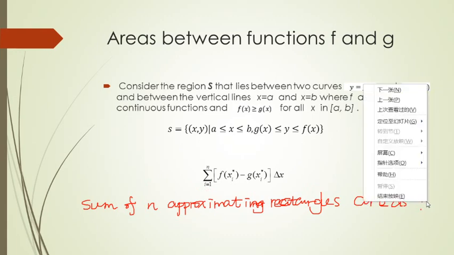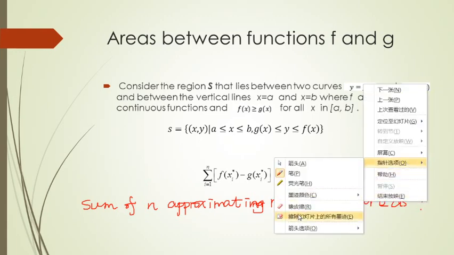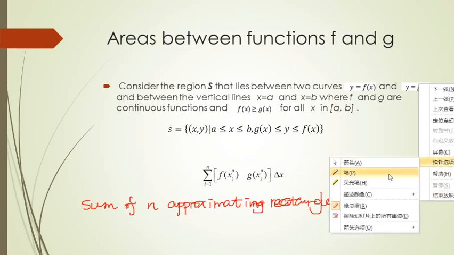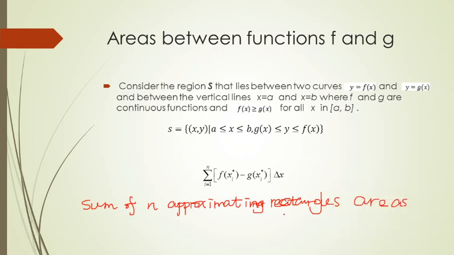Sorry, it's not a question, it's a statement. So this Riemann sum gives the sum of n approximating rectangles' area, and the height for the rectangle uses the sample point.